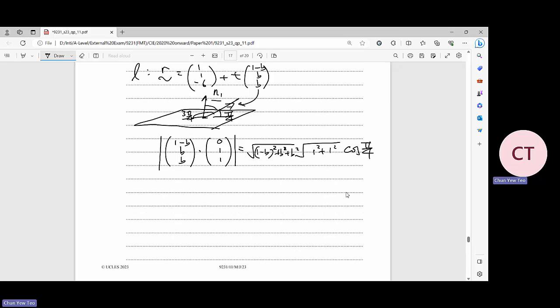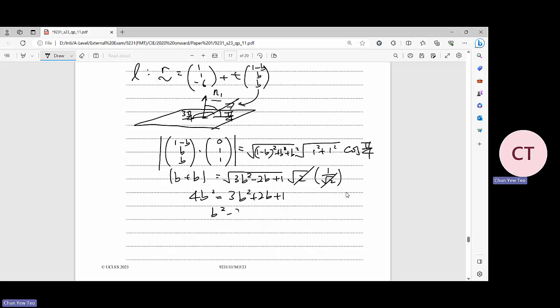Okay. So this one, I just use the modulus of b plus b, which is equal to the square root of 3b squared minus 2b plus 1, times square root of 2. Cos pi over 4 is 1 over root 2, so this one can cancel off. So you square both sides, you have 4b squared equal to 3b squared minus 2b plus 1.